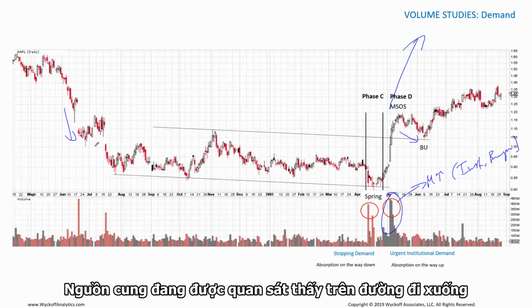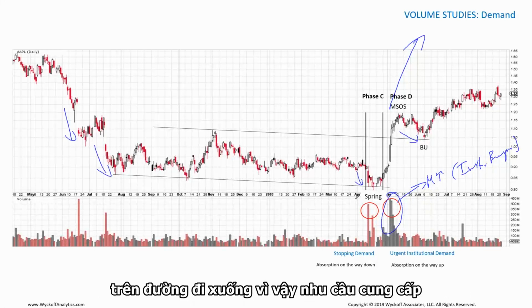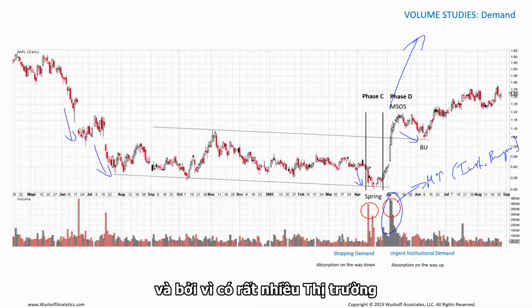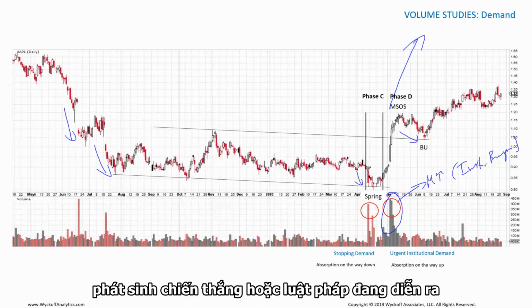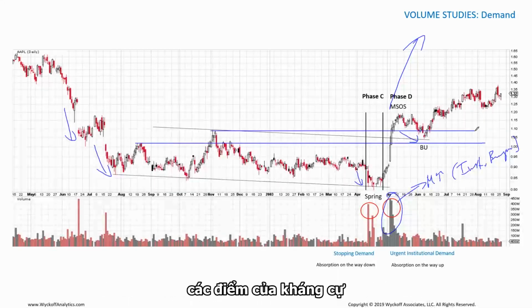Supply is being absorbed on the way down, on the way down, on the way down. So the supply needs to be absorbed at the specific levels. And because there are so many market participants, their emotional memory of where they established the position, where they incurred the win or the loss, is going to be remembered. And obviously, at the points of the resistance, this is where that memory is going to act out again.